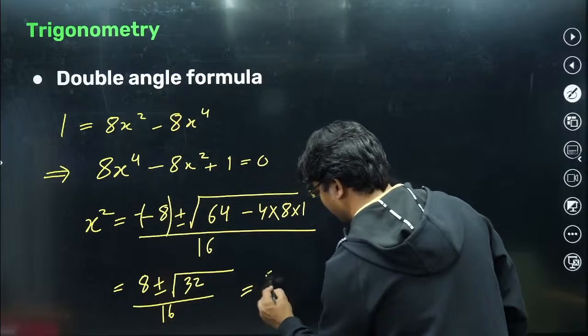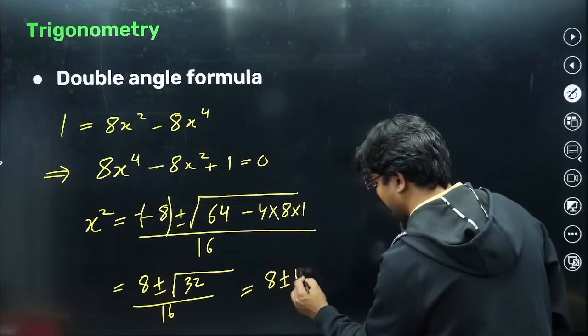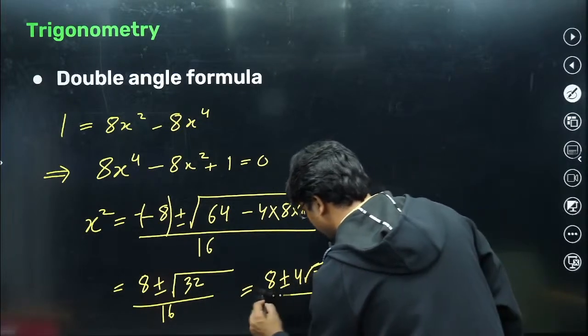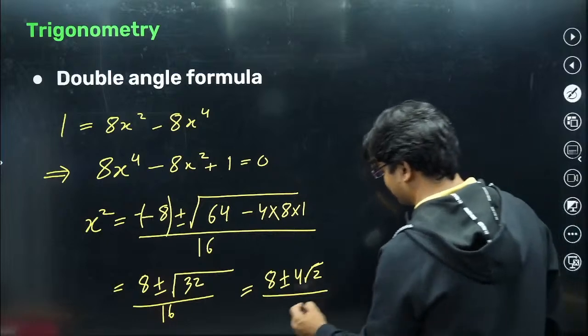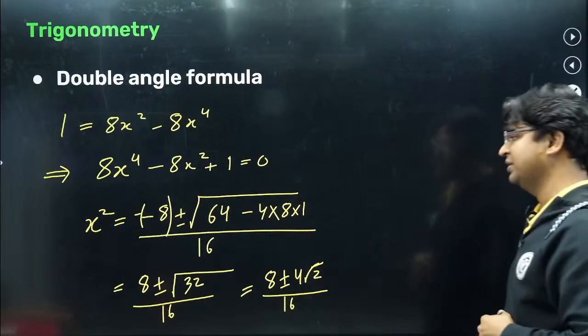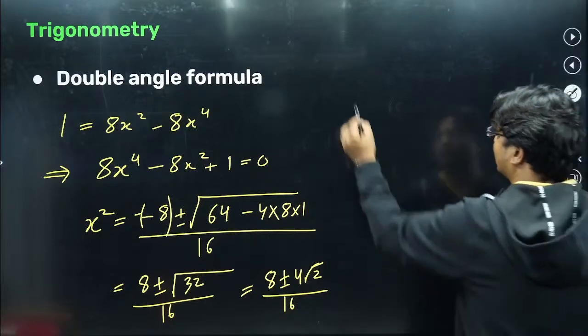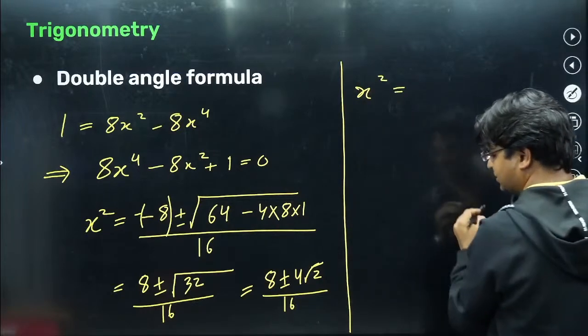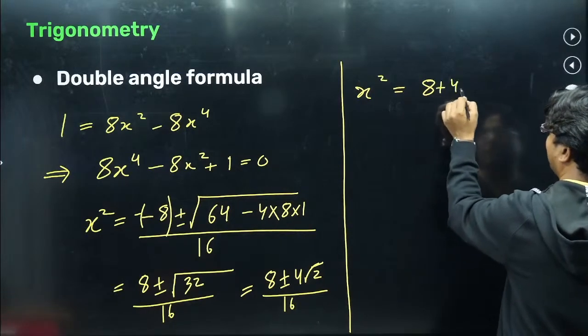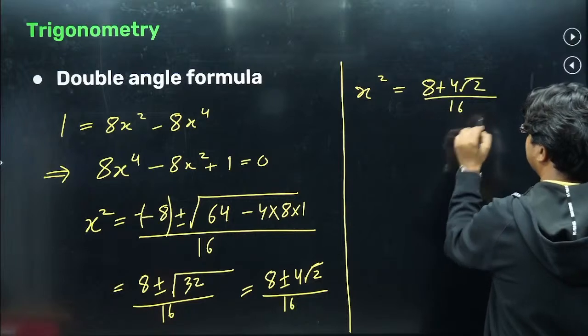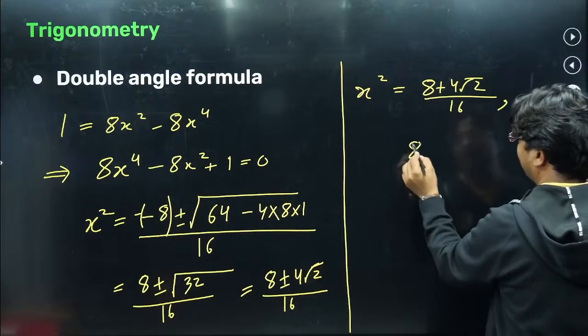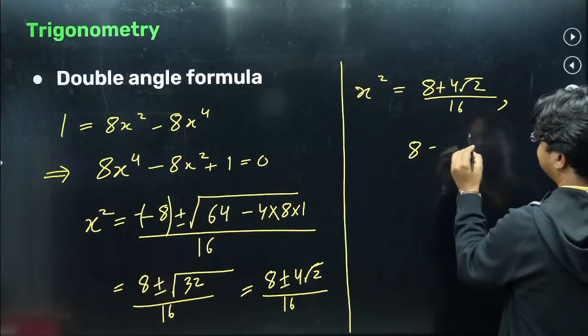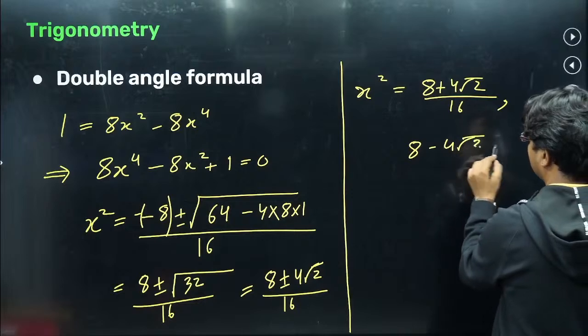So this will become 8 plus minus 4 root 2 divided by 16. So we have two values now for x square. One is 8 plus 4 root 2 by 16 and the other would be 8 minus 4 root 2 by 16.